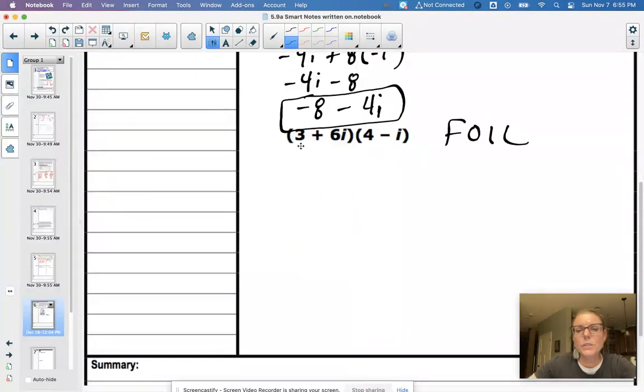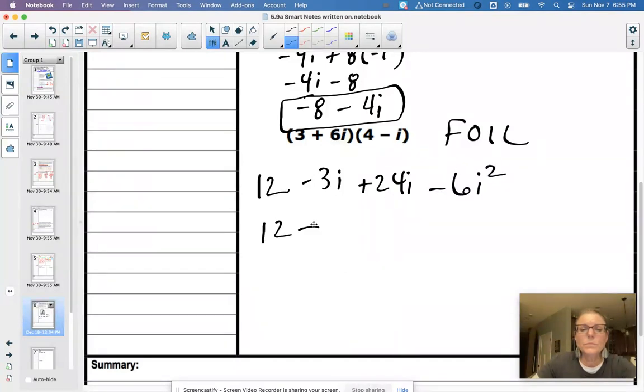F-O-I-L. So first is 4 times 3, which is 12. The outside is negative 3i. The inside is a positive 24i. And the last is a negative 6i squared. Combine like terms, negative 3i plus 24i is 21i. And plug in a negative 1 for i squared.